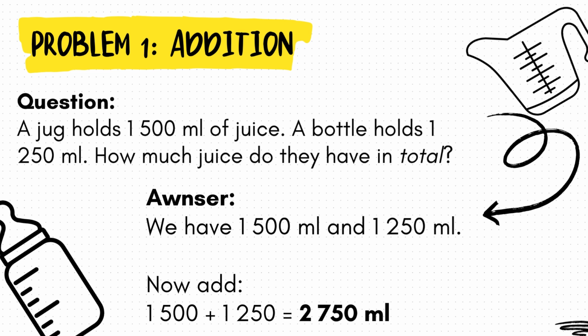We see the units are the same, so now we can just add 1500 plus 1250 equals 2750 milliliters. You have to add in that milliliters, otherwise your answer is wrong. If you just say 2750, your answer is wrong. You have to say 2750 milliliters. Then you will have full marks for this question.